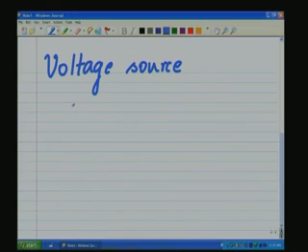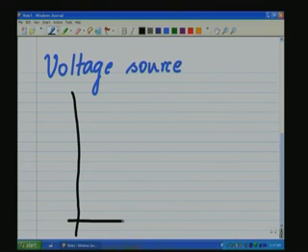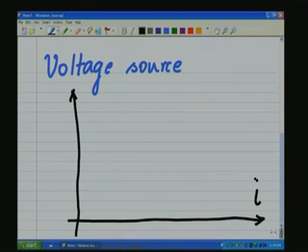Now, if you take a voltage source and look at its IV characteristic, let us draw the XY plot. The x axis is the load current I. The y axis is the voltage of the voltage source.